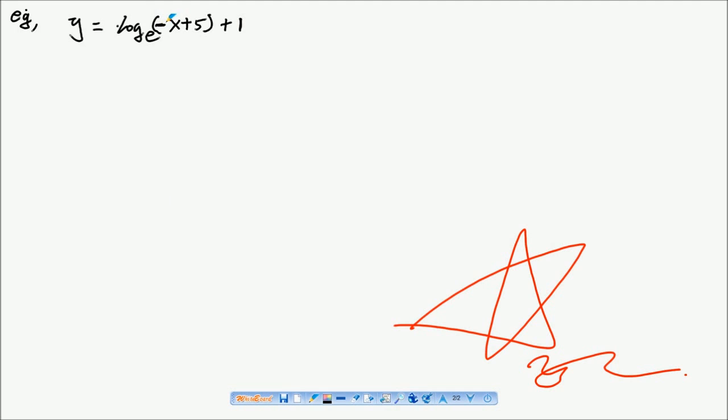Okay, let's make it harder: log base e of minus 2x plus 6, plus 1. Now let's sketch this graph.